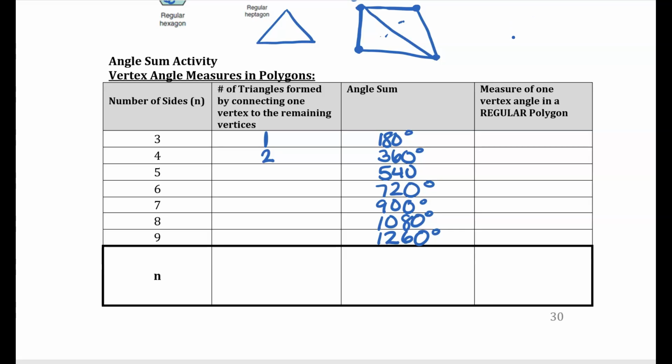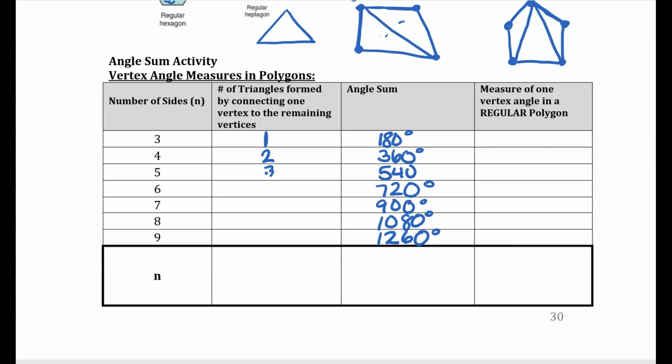If you make a five-sided figure, 1, 2, 3, 4, 5, and I am just making this up on the fly, so it should hopefully show you that it's any five-sided figure. It does not have to be a perfectly regular one. If we pick a vertex and connect with the other vertices, watch what happens. We end up getting three triangles.